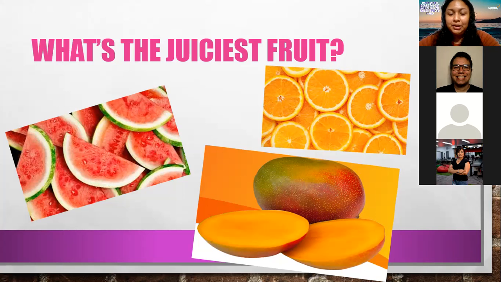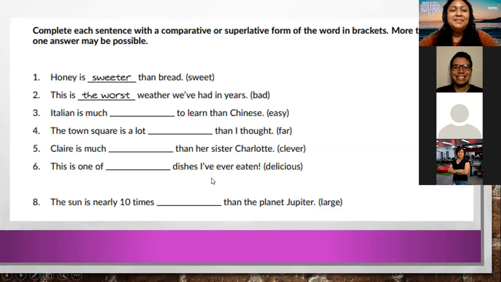I mean, it could be either orange or watermelon or even mango, but I don't know. It depends a lot on the harvest of the fruit. Exactly. Sometimes I haven't been able to eat watermelon or mango because it's too juicy, but they're all similar. Okay, very good.